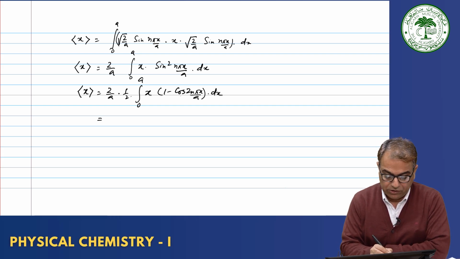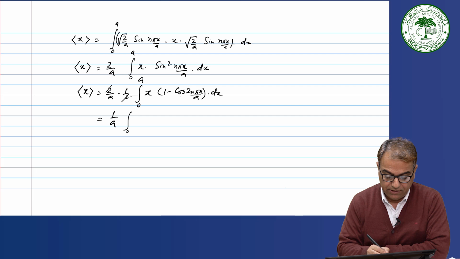Okay, so this you can write as 1 by a. I am writing every step because I don't know who is looking at these modules, so I am writing all the steps. So this you can write as the integral of x minus x into cos 2 n pi x upon a into dx.